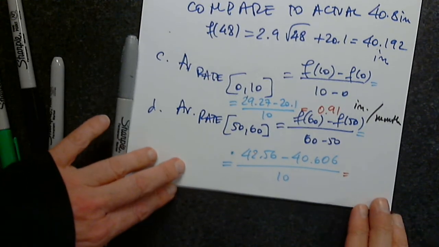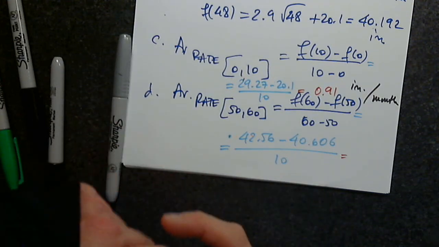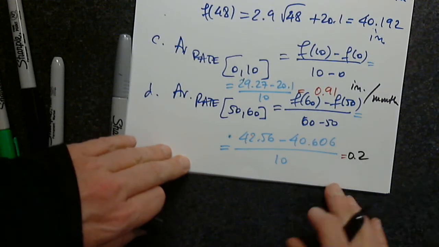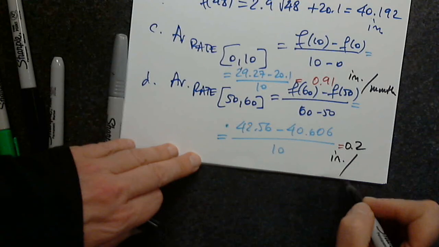Okay, good. So now 42 minus 40, divided by 10, so roughly 0.2. And the measurement unit, please. Of course.